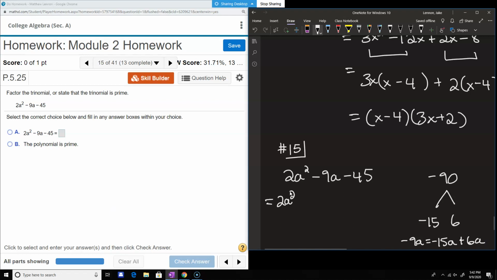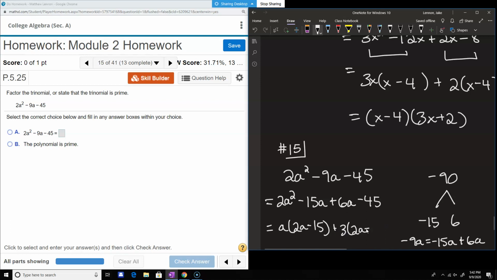So we have 2a squared minus 15a plus 6a minus 45. And then you cannot take any regular number out. That's all the first group has in common is the a. So if you take out the a, we get 2a minus 15. And then the second group, that's all we can do is take out a 3.